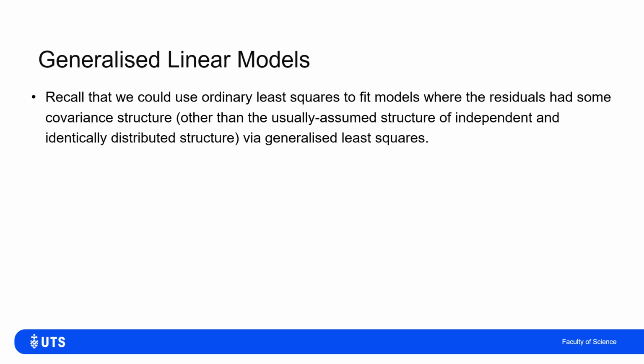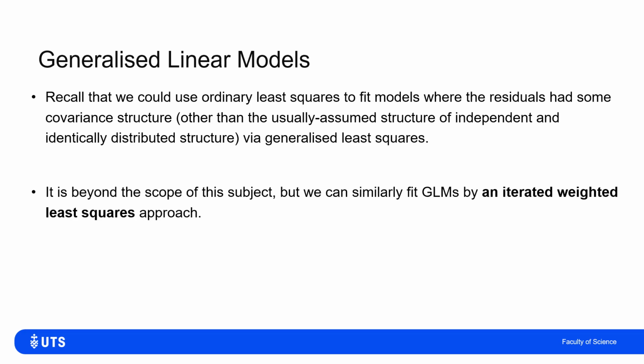We've already seen earlier in this subject how we can modify ordinary least squares, which was used to fit simple linear regression models where I had equal variance, uncorrelated residuals. How I could use the same ideas with a little bit of a tweak to fit models where I could relax those assumptions, or I had correlated errors like time series models or hierarchical models.